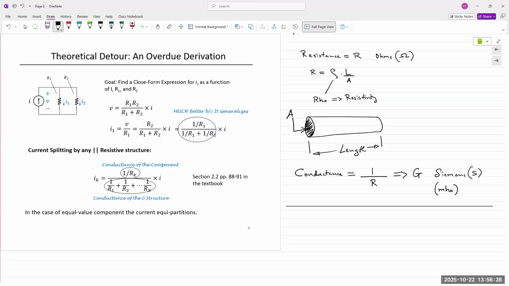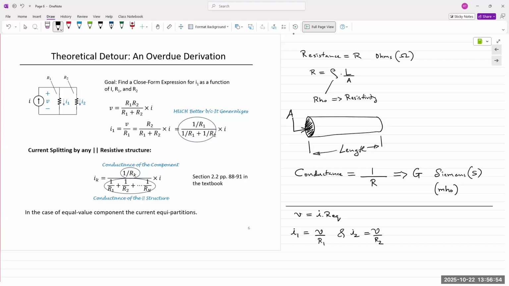And then we apply Ohm's law again. So V equals total current I times Req. Then each individual current, I1 is V over R1, and I2 is V over R2.